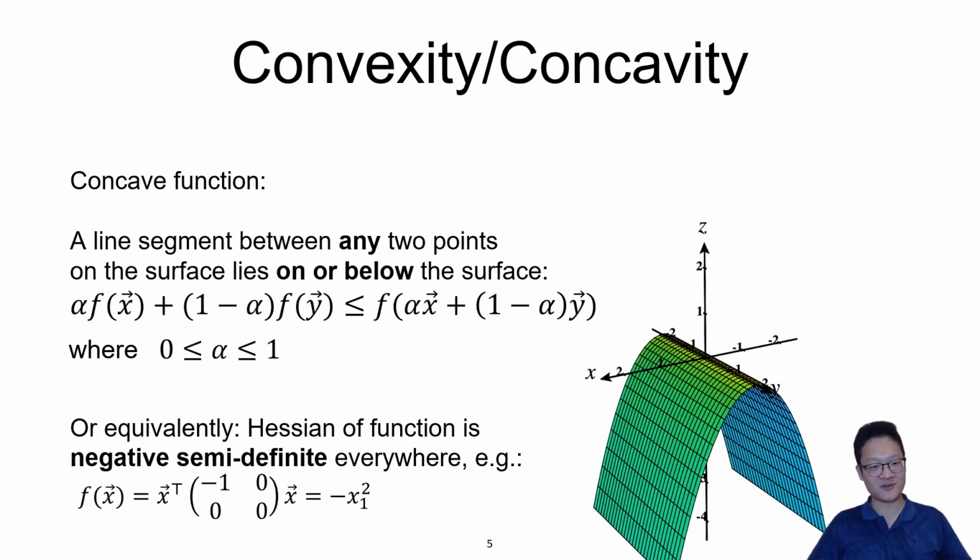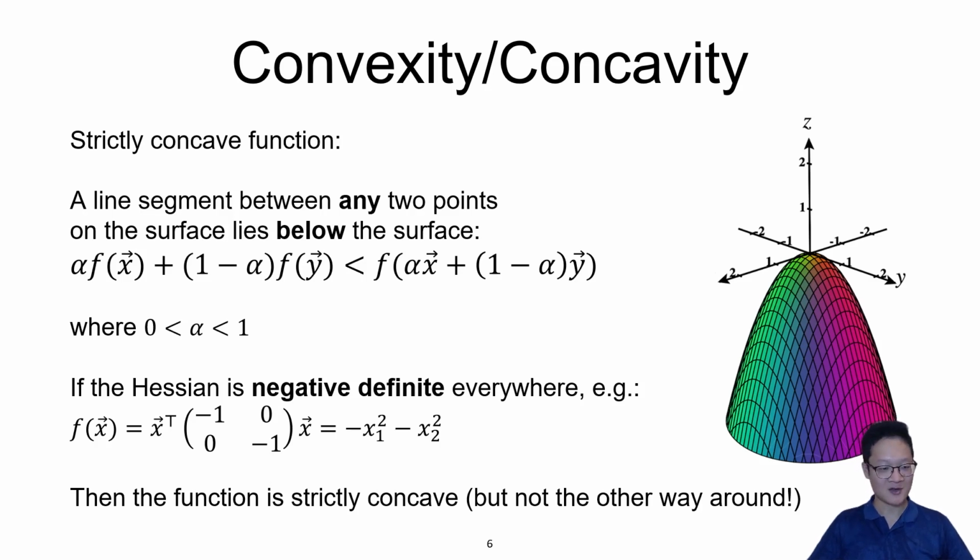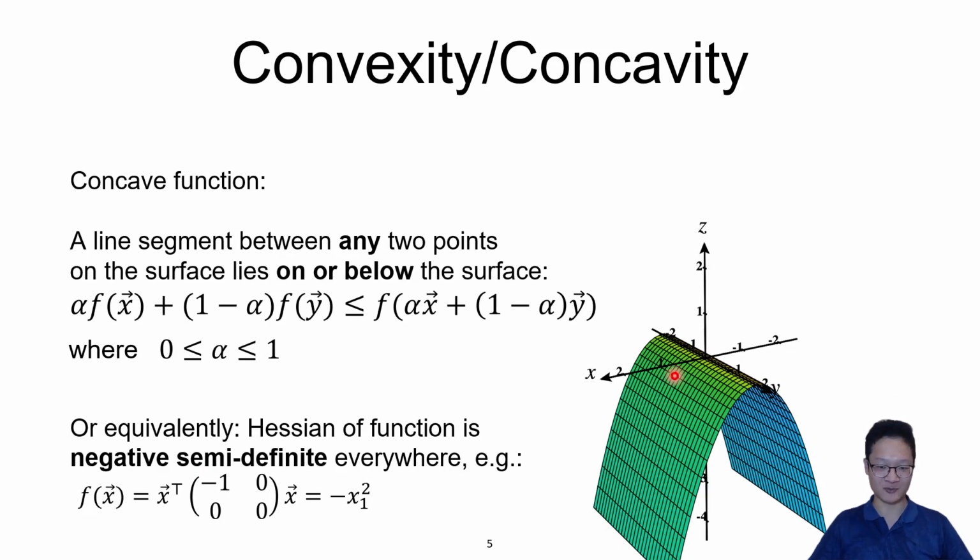Okay, let's continue with some very related definitions. Once you get convexity, then concavity would be basically the same thing, right? Except that we now have the function opening downwards. The inequality has switched, and the comments about the Hessian are also going in the other direction.